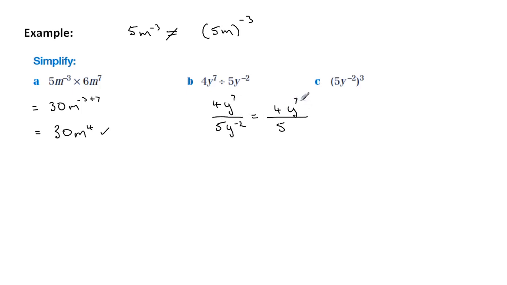So remember we subtract the indices. So it's minus 2. And once again we remember that these two minuses together give us a positive. So our final answer is 4y to the 7 plus 2, which is a 9, and the 5 remains in the denominator.